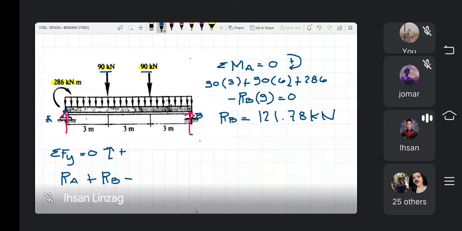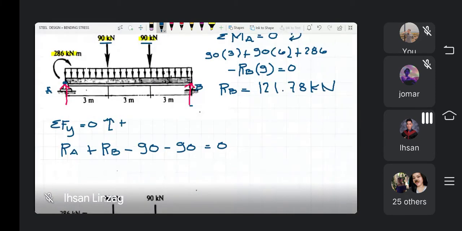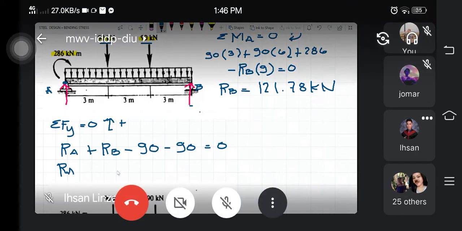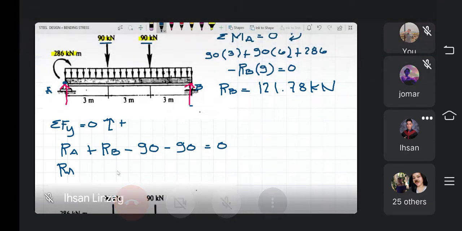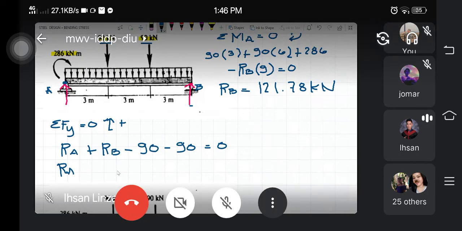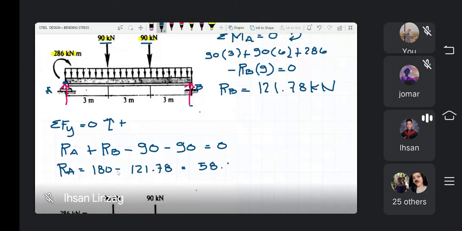Then, ang 90 kilonewton is downward. So, ganyan. So we have the value of RA. RA natin is equal to 180 minus RB, 121.78 kilonewton. So that is 58.22 kilonewton.